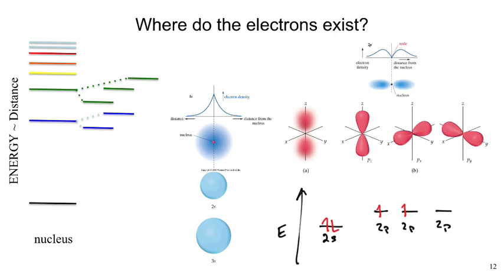Neutral carbon has 6 protons and 6 electrons. Neutral neon has 10 protons, 10 electrons. So the proton count is different. We see that immediately because the symbols change, because protons define the element. We would also see it because the number in the upper corner tells us the number of protons.